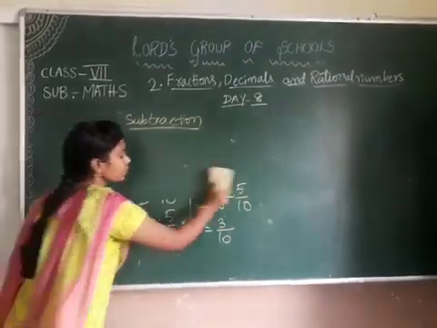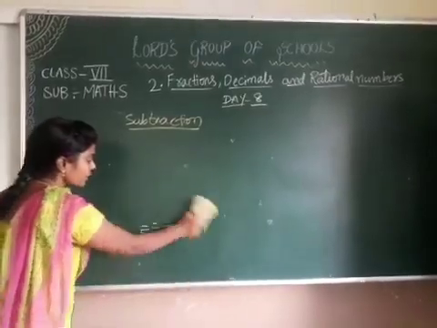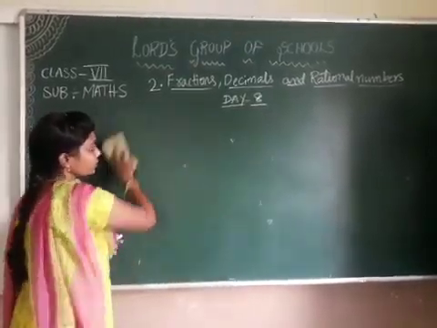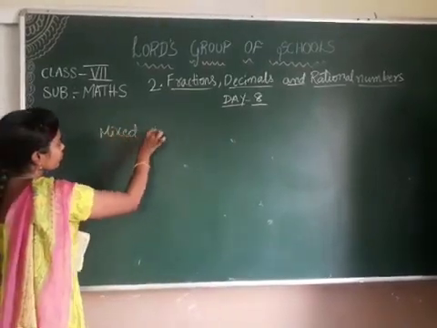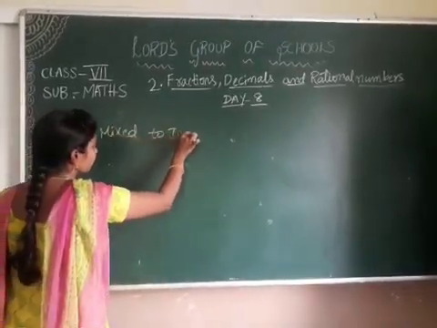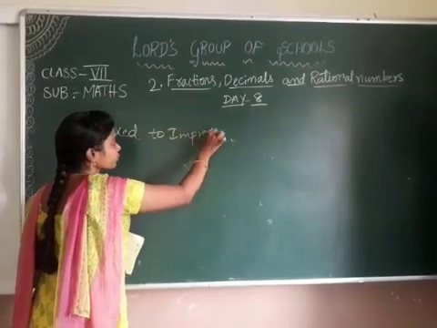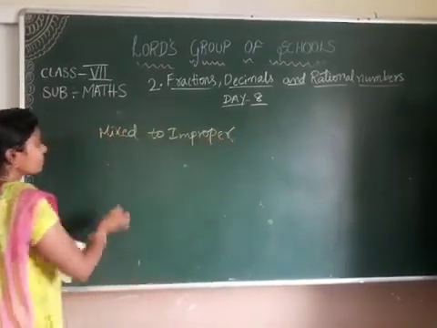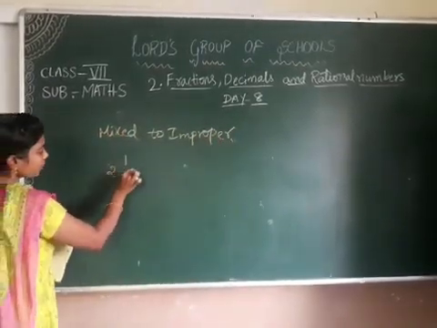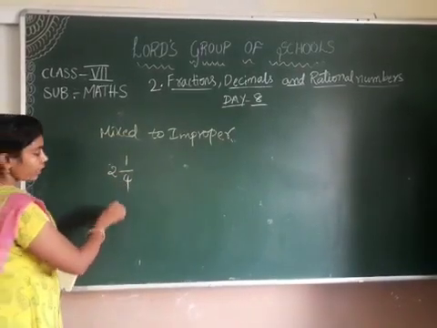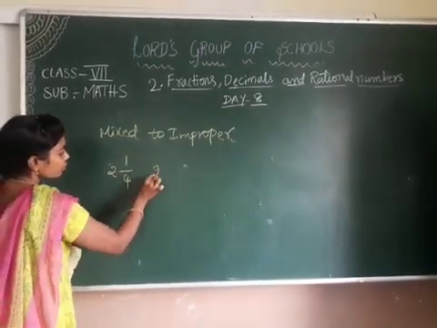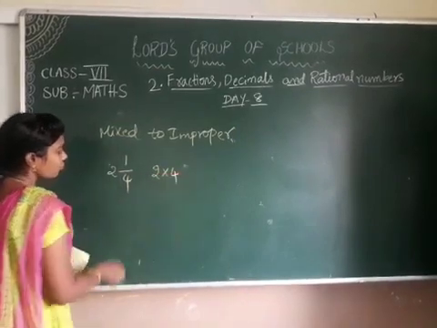Next we will learn how to convert a mixed fraction to an improper fraction. For example, 2 1 by 4. This is a mixed fraction, a whole number and a proper fraction. How should we do it? 2 into 4.